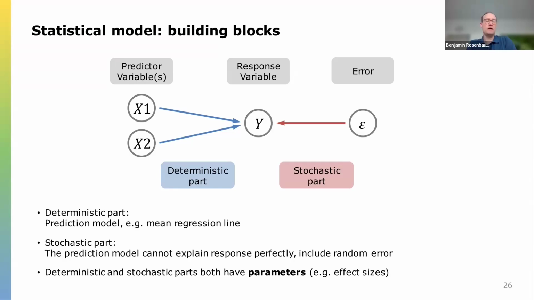It usually also has parameters like the deterministic part, right? For instance, the standard deviation in the classical regression model is an additional parameter which is also estimated in the model fitting process. So both the deterministic part and the stochastic part usually have parameters, and model fitting means that I'm estimating these parameters.